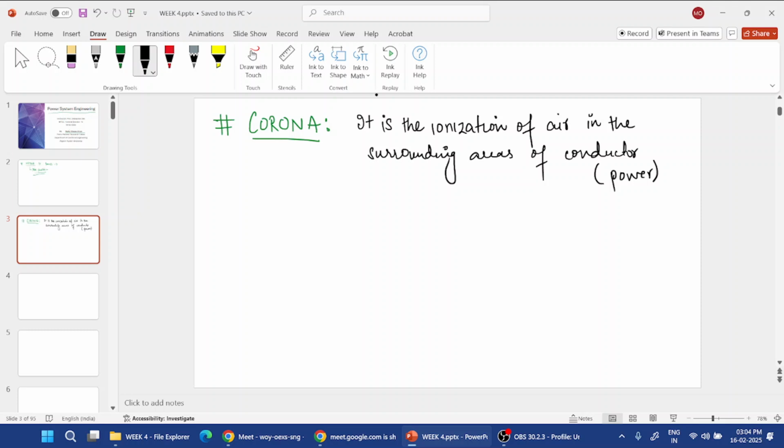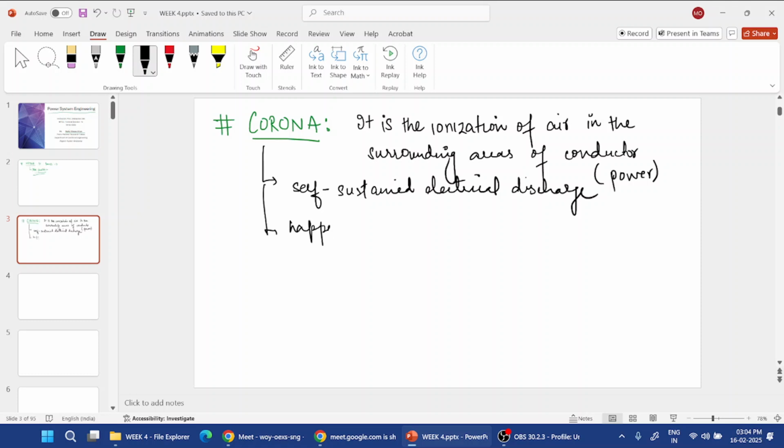It is generally defined as a self-sustained electrical discharge, and it happens when the field is intensified beyond a particular value.